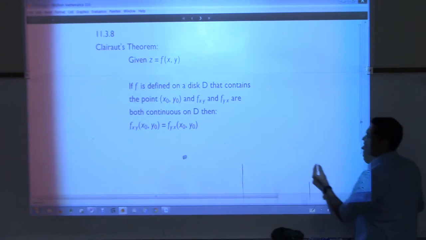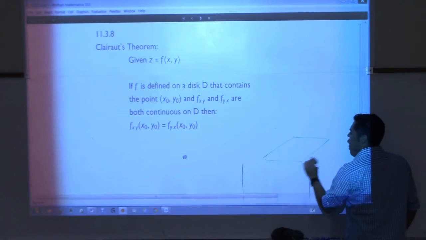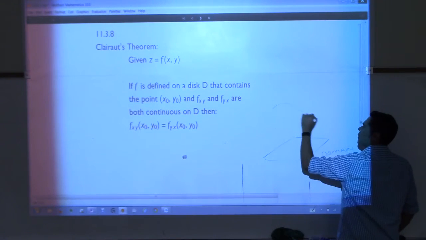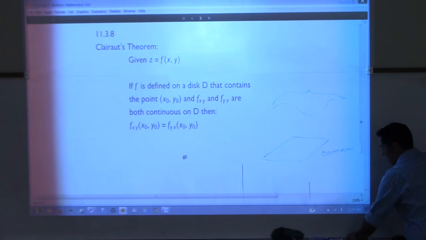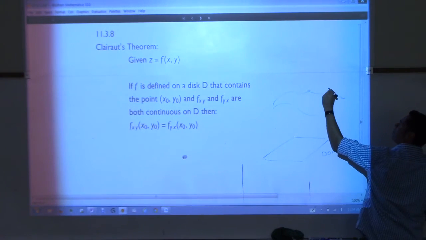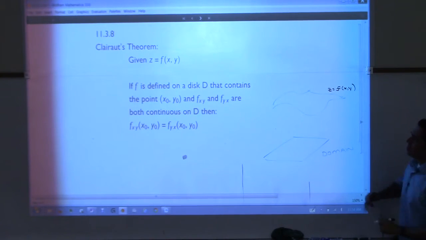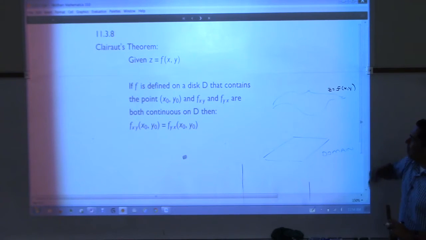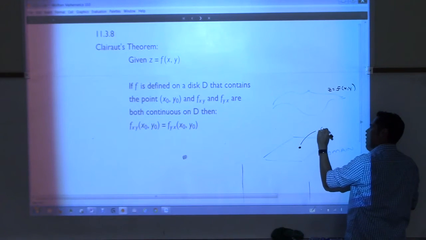All right, this is all this means. Do you remember with functions of two variables, you have the domain that's on the ground, right? And then you have the surface that's up here. This is our z equals f of x, y up here. It says, if f is defined on a disk that contains the point (x naught, y naught). So let's say we have a point down here, and that's the point (x naught, y naught).